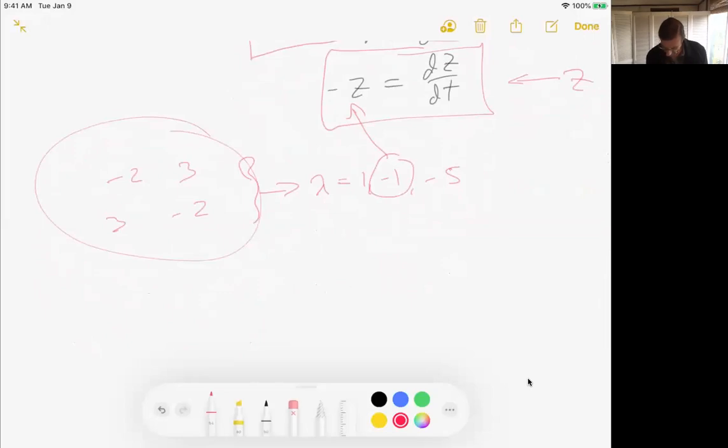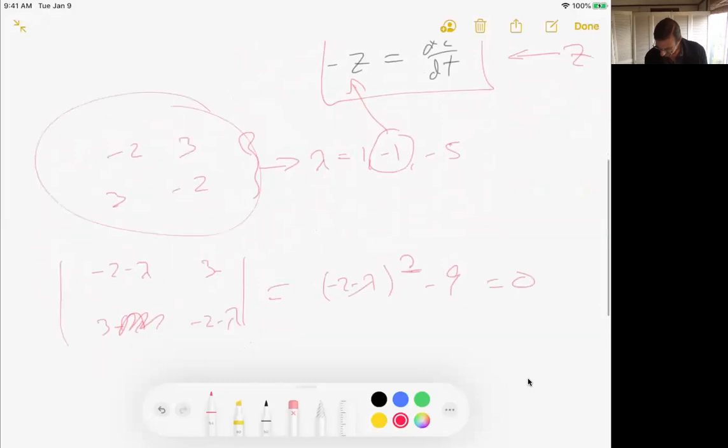Well, we can do it. Let's just do it real quick. -2 minus lambda, 3, 3, minus 2 minus lambda. The determinant gives us (-2 minus lambda) squared minus 9 equals 0.